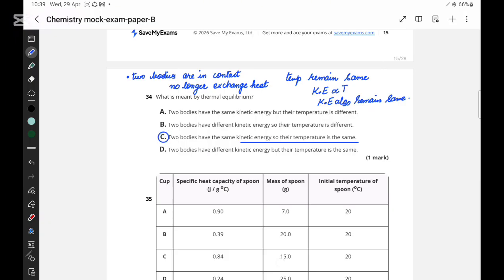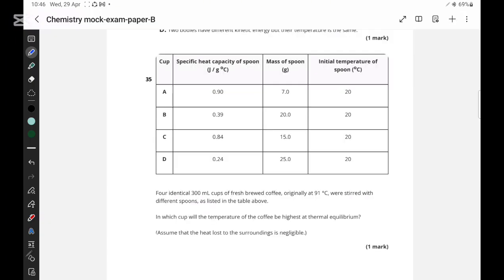Answer is C. For the next question, question number 35, they are saying we have four identical 300 milliliter cups of freshly brewed coffee that was originally at 91 degrees Celsius, and that was stirred with different spoons as listed above. In which cup will the temperature of the coffee be highest at thermal equilibrium? We are given the specific heat capacity of the spoon, mass of the spoon, and initial temperature of the spoon.